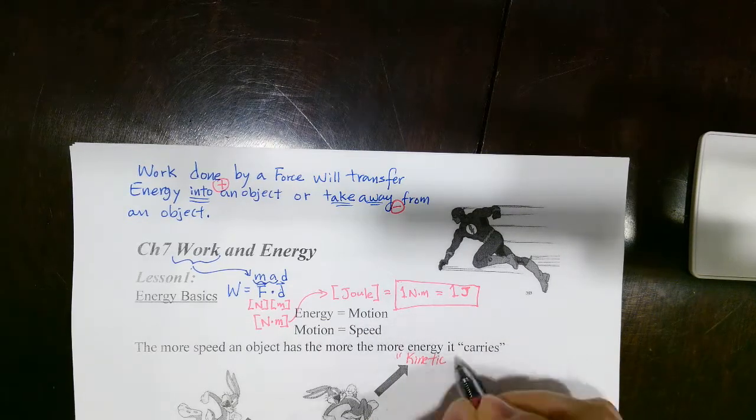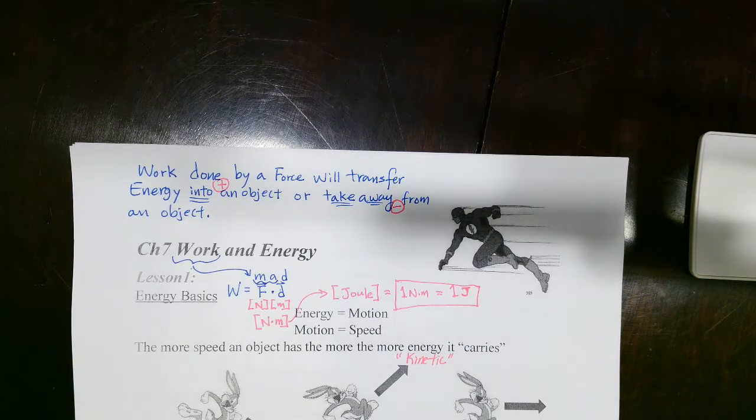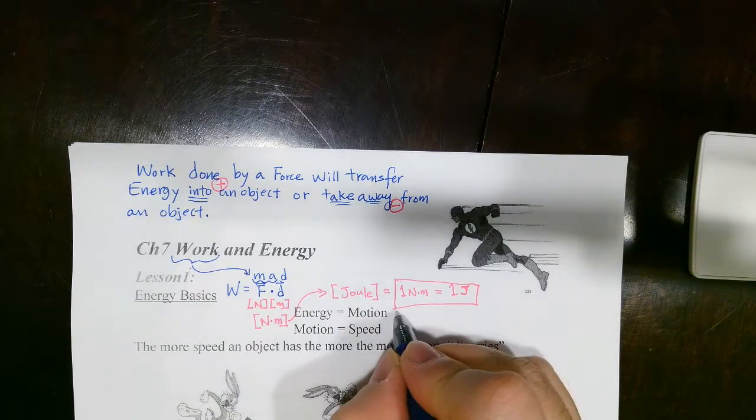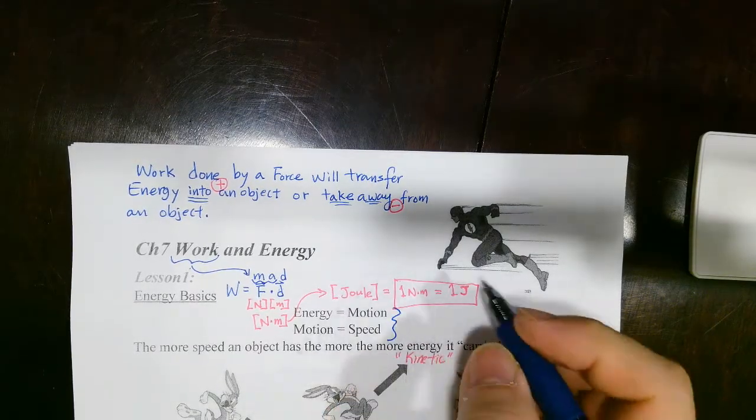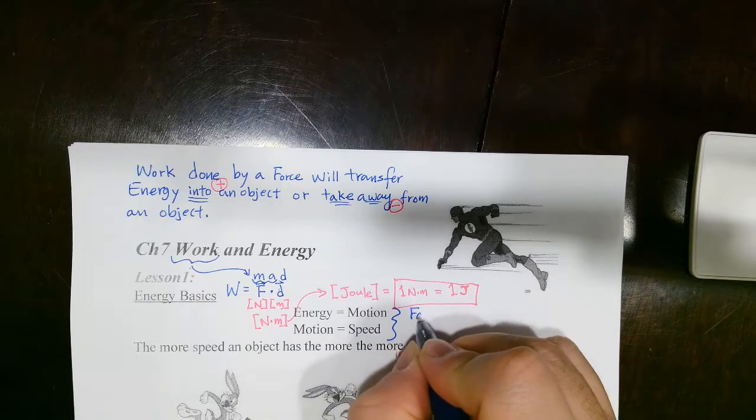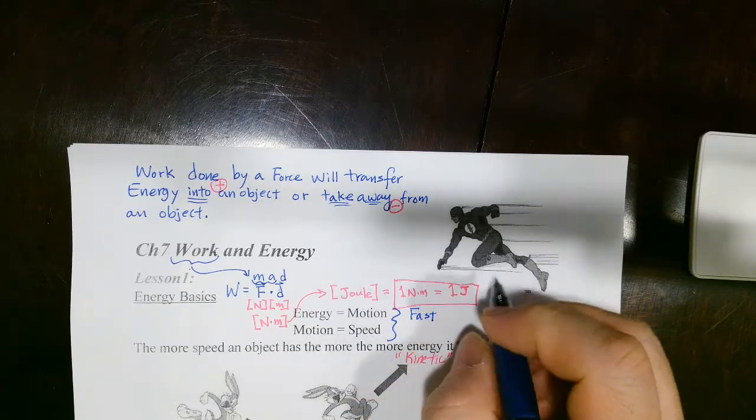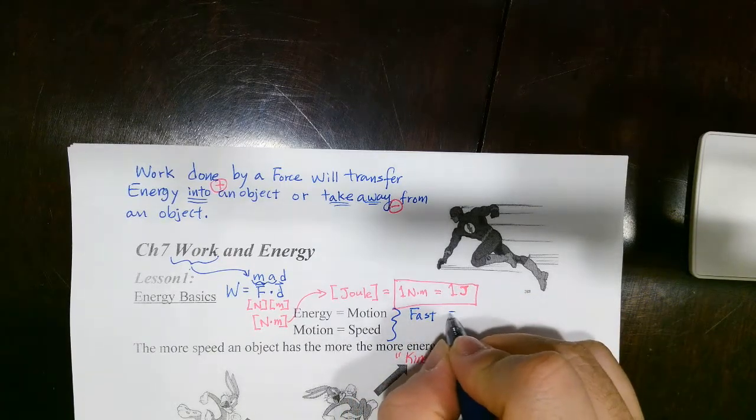Now, kinetic energy is energy of motion. So when things are moving really fast, we have lots of kinetic energy, right?